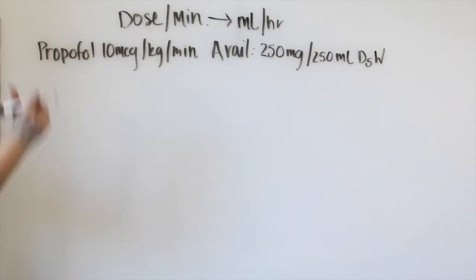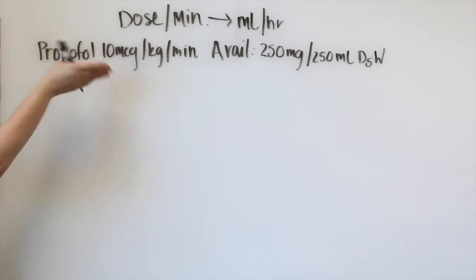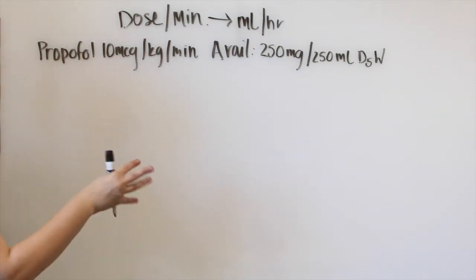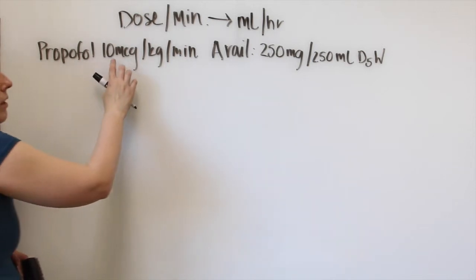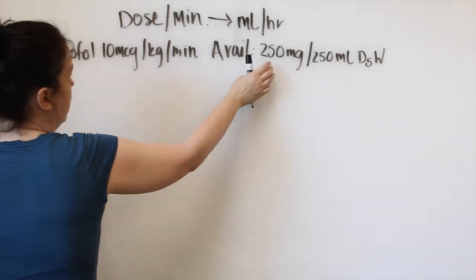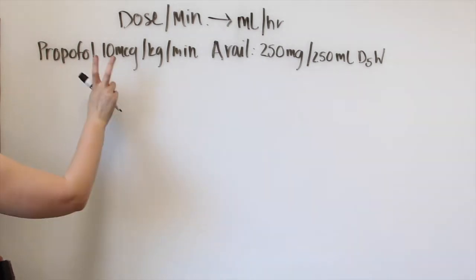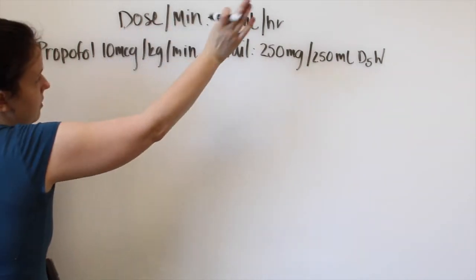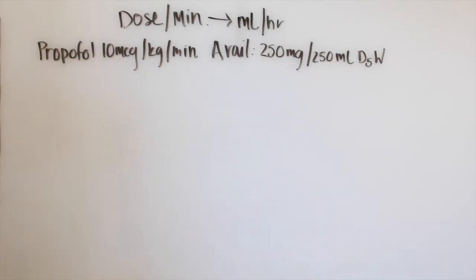Okay, so this next one is definitely a weight-based calculation because you see kilograms here. There's also a bit of calculation where you've got to go from milligrams down to micrograms because this is your ordered dosage here. We're also going to change it to milliliters per hour so you can plug this in the pump and do it that way.